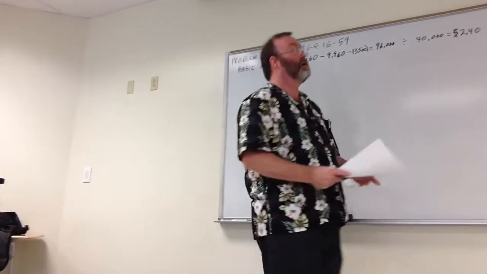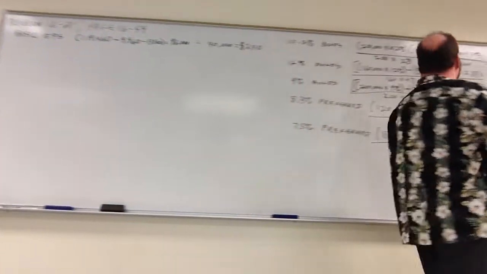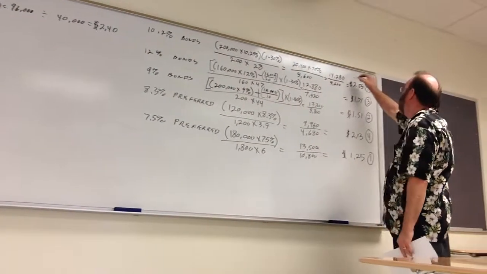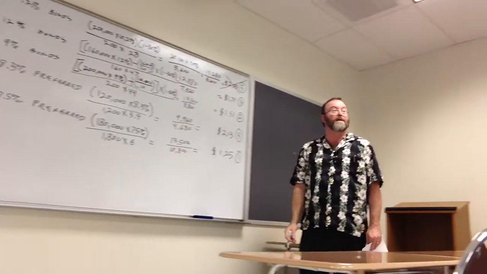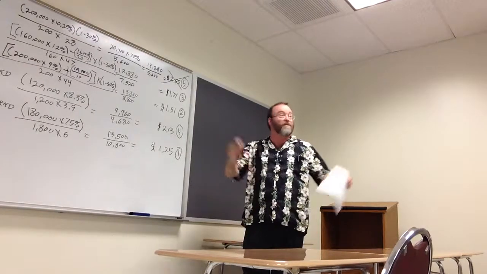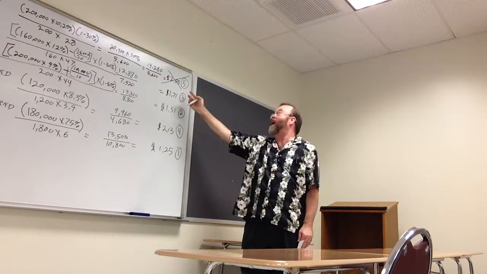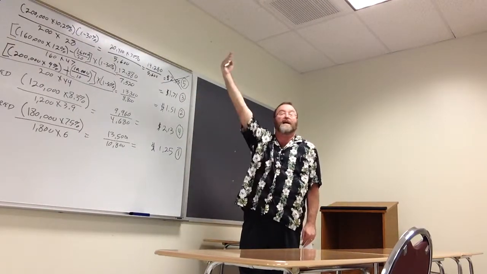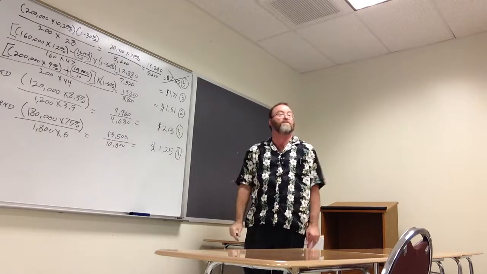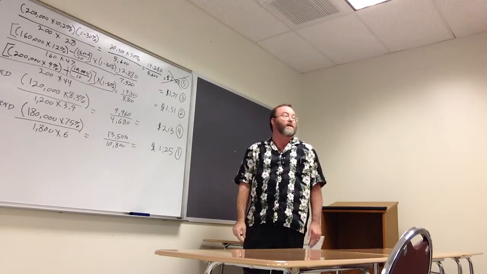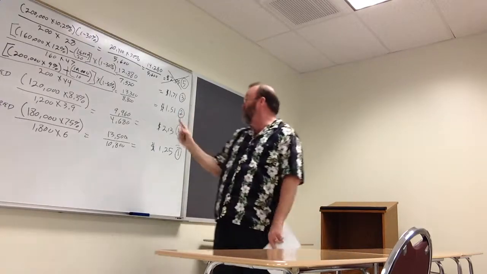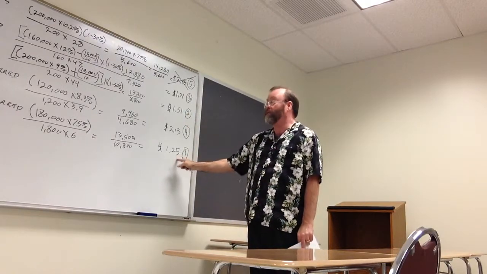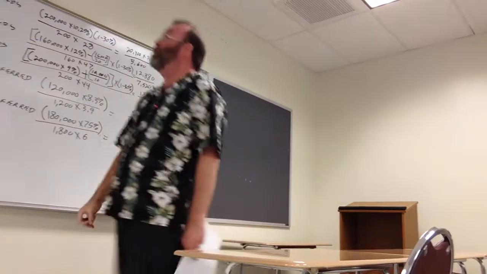Now look at our impact list. Right now, you know that we are never getting to that bond. Ever. Because that bond already is higher than where we started at 2.40. Does that make sense? We're never going to use it. What are we going to start with? We're going to start with the 7.5% preferred.